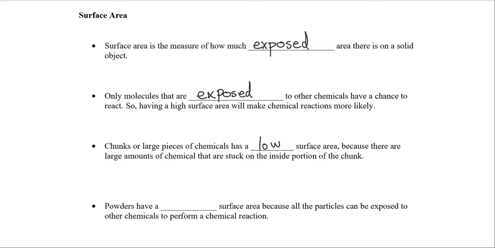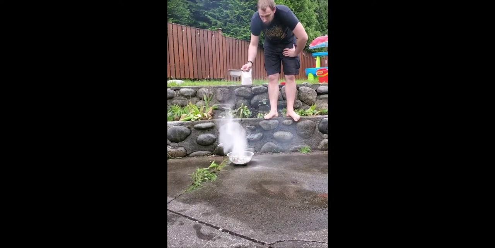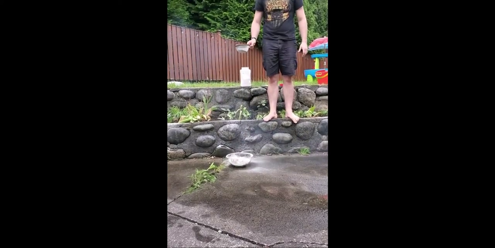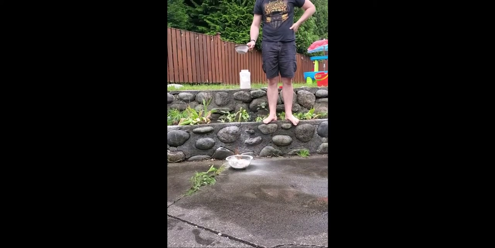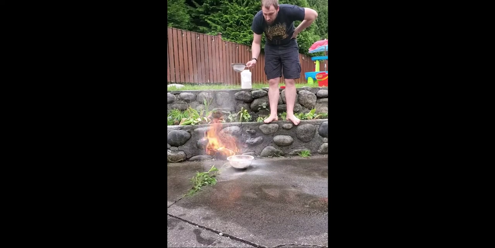Powders have a very high surface area. This is because all of the particles can be exposed to the other chemicals that are in the reaction. So as you can see here, when I sift the powder of flour, there's a lot of space in between, and in that space is going to be the oxygen that's reacting with the flour.